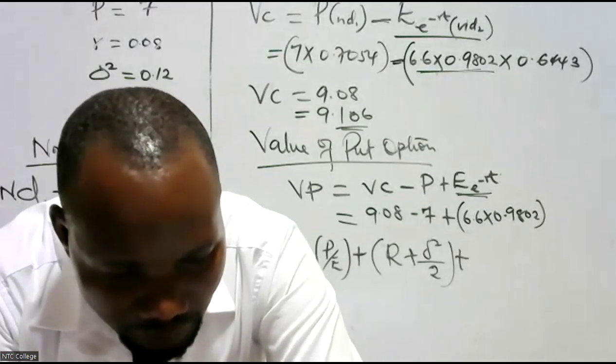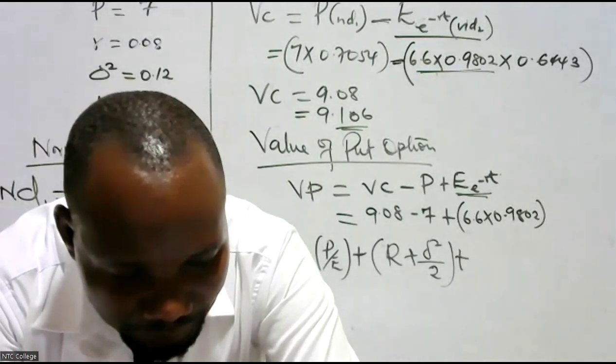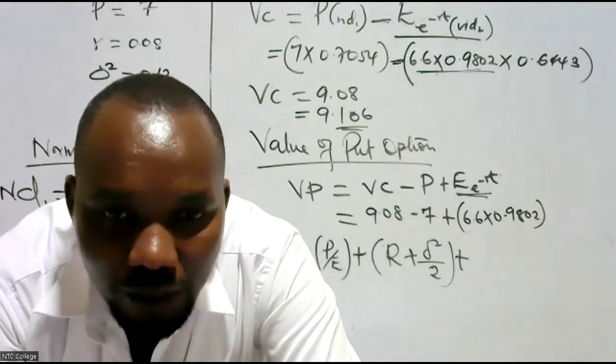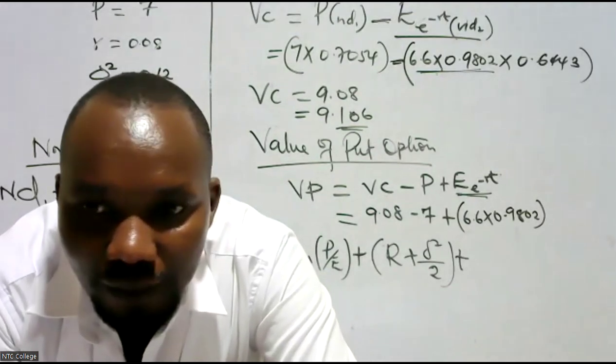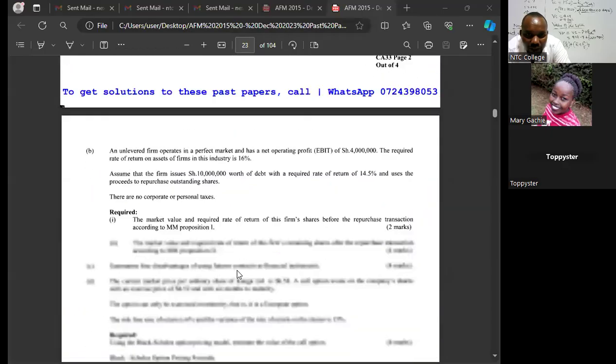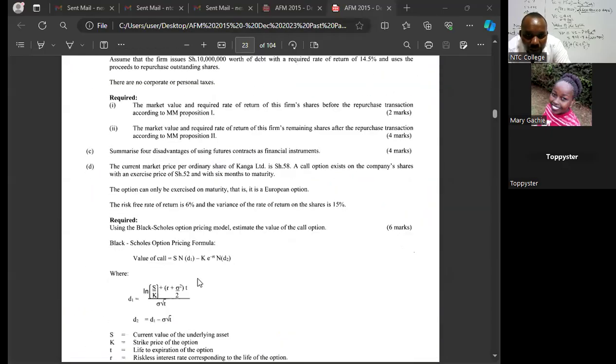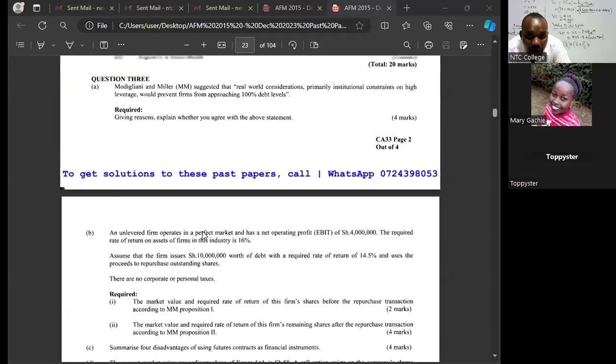Now, that is about that one. I want us now to look at one question. Time 9 minutes. You can try it later if you want, otherwise you can try it together. In which paper?